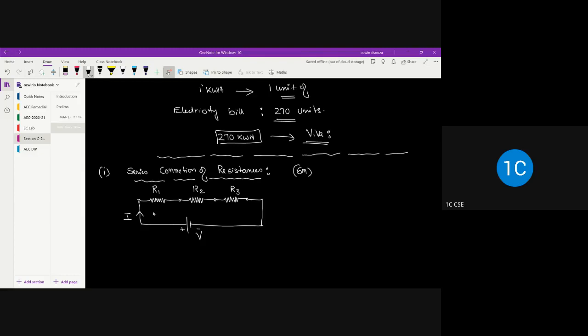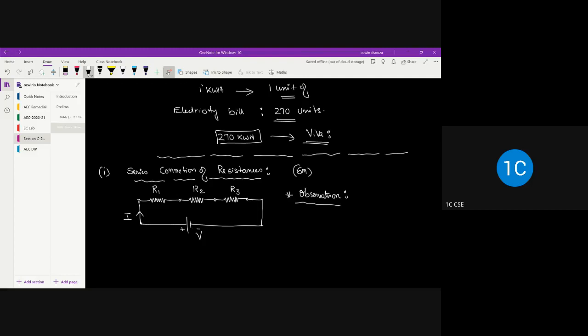Now, in case of series circuit, the observation is that the current remains the same. Why does the current remain the same? Because the current doesn't have any diverting paths.